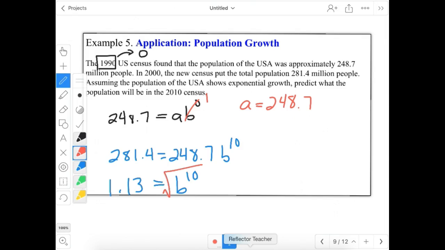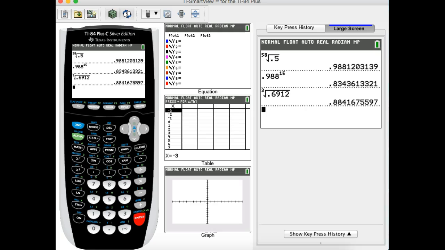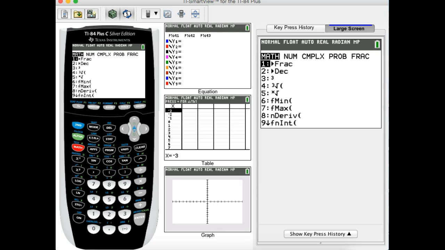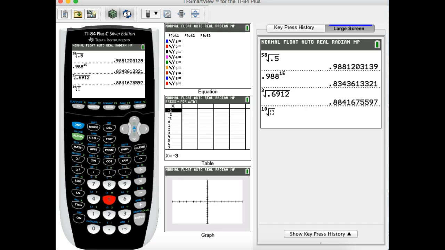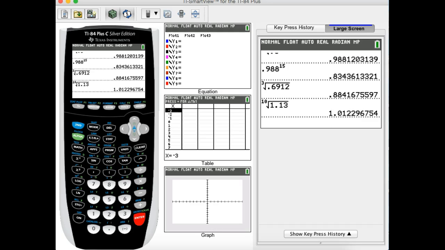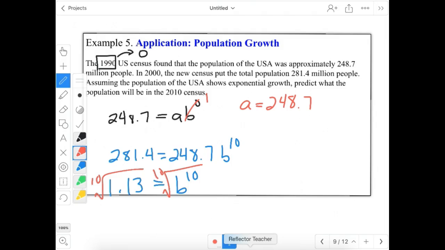In order to get b by itself, we would take a 10th root. So remember, we will do 10, math, that fifth option, of 1.13. So our b value is 1.01.